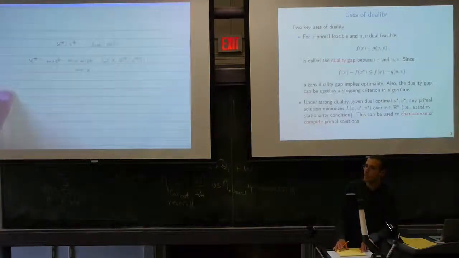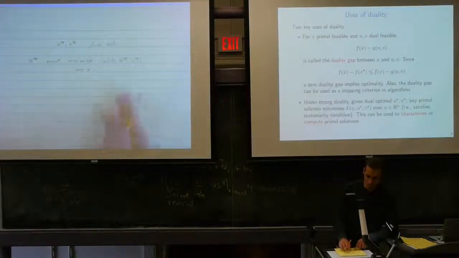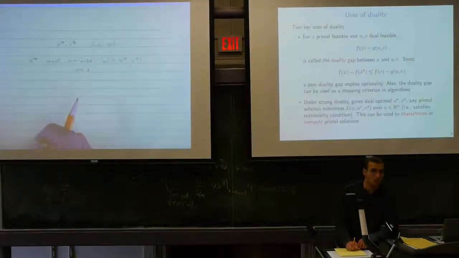That's just stationarity, right? For x star to be optimal, it has to minimize the Lagrangian evaluated at the point u star, v star over all x.